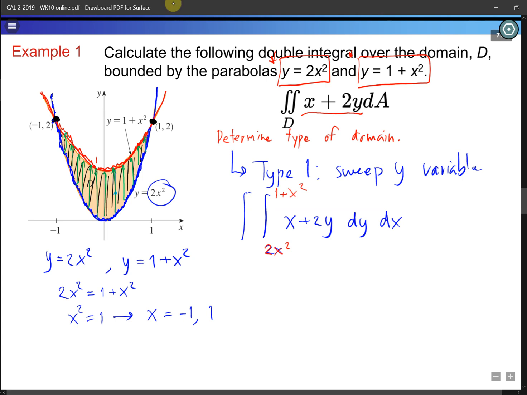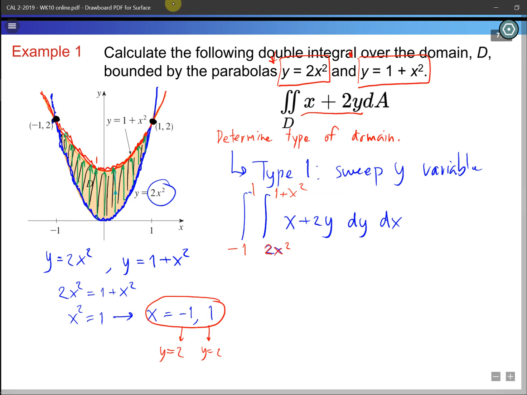You can continue to plug this into the equation, and you get, for x equal to minus 1, y equal to 2, and for x equal to 1, y equal to 2 as well. But we don't need that. All we need is the range of x, so that we know it starts from minus 1 and ends at 1.